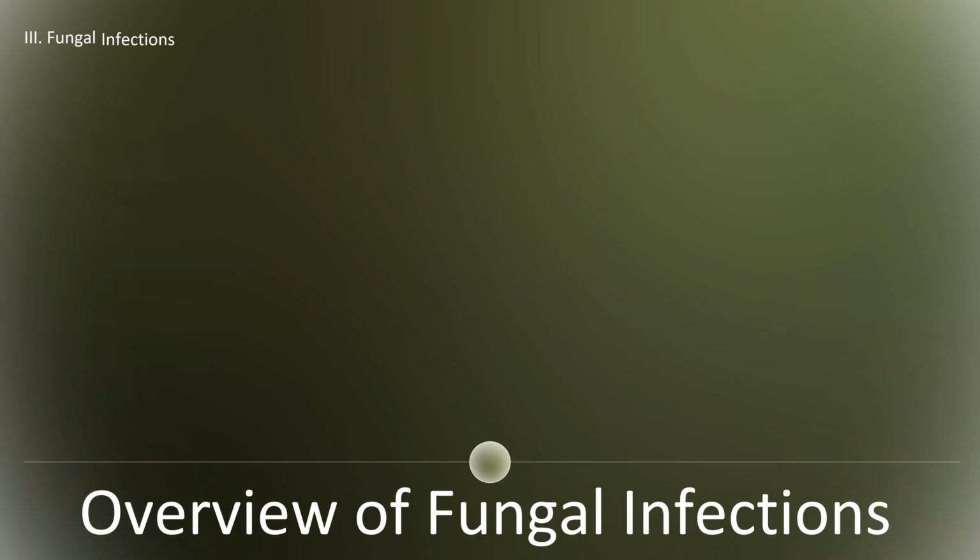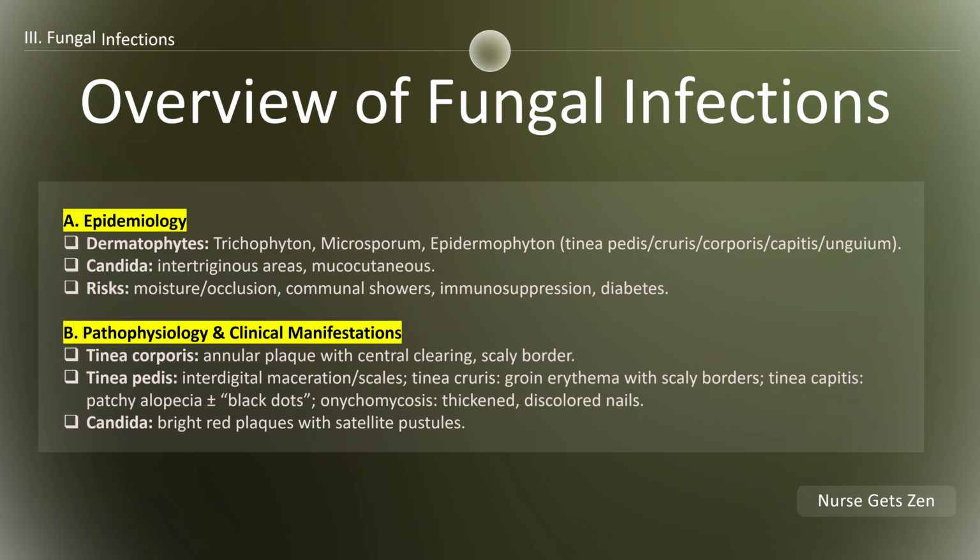Fungal infection. Overview of fungal infection: we know it's one of these types of skin infection. Skin infection might be bacterial, viral, or fungal in origin, and each has characteristic clinical manifestations.